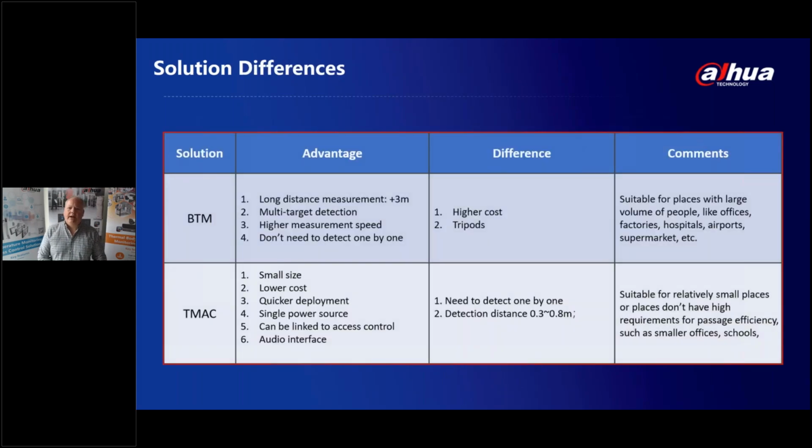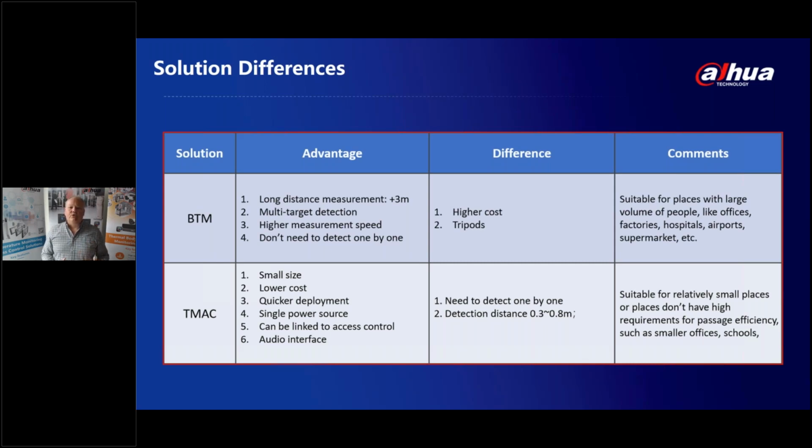On this slide, I've tried to compare the differences between, and the advantages of, the two systems, because there aren't really any disadvantages. There are more differences, because each one is ideally suited for a different type of application. As I touched on, the BTM solution can detect at about a 3 meter distance. It can do multiple targets.